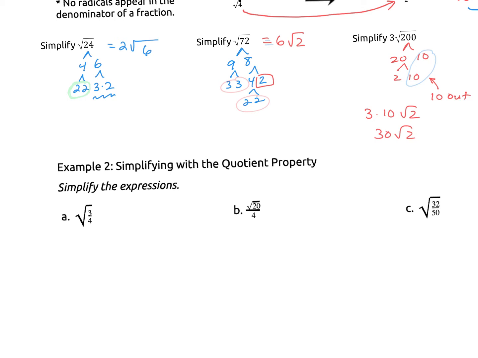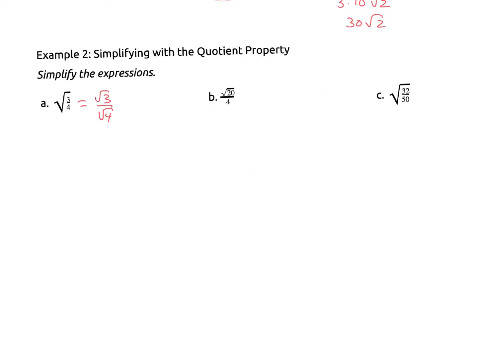So I'm going to put the square root on both the top of the fraction and on the bottom of the fraction. Doing that puts radical 3 over radical 4. I don't know what radical 3 is. It's some sort of a decimal, but the square root of 4 is 2.